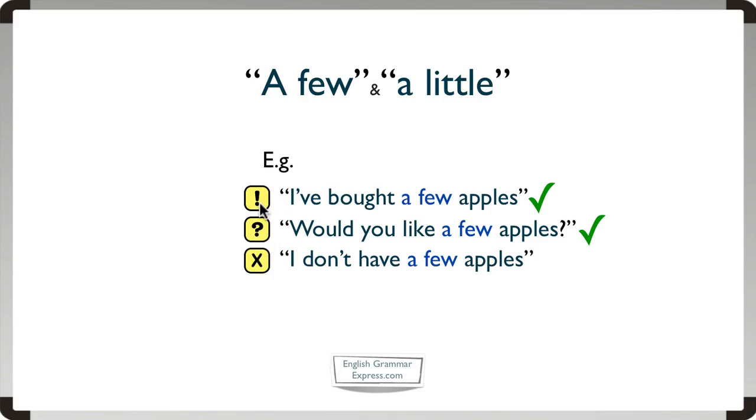And finally, in the negative, can we say, I don't have a few apples? And the answer is, no, it doesn't. A few does not work with negatives. Instead of few here, we would use any or many. So, I don't have any apples, or I don't have many apples.